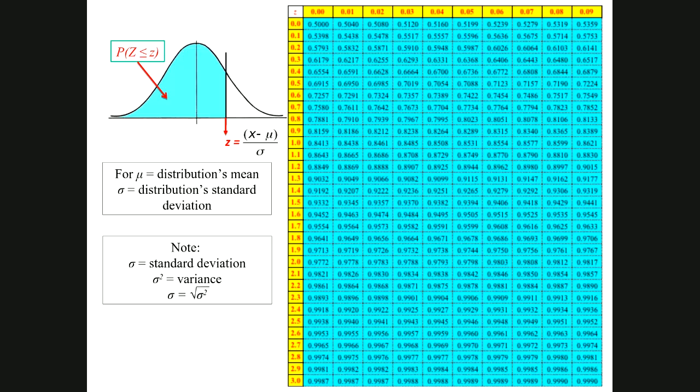So now we're trying to find the area under the curve that corresponds to 65%. To do that, we go into this table, look for our blue probabilities, and find the value that's closest to 65%.